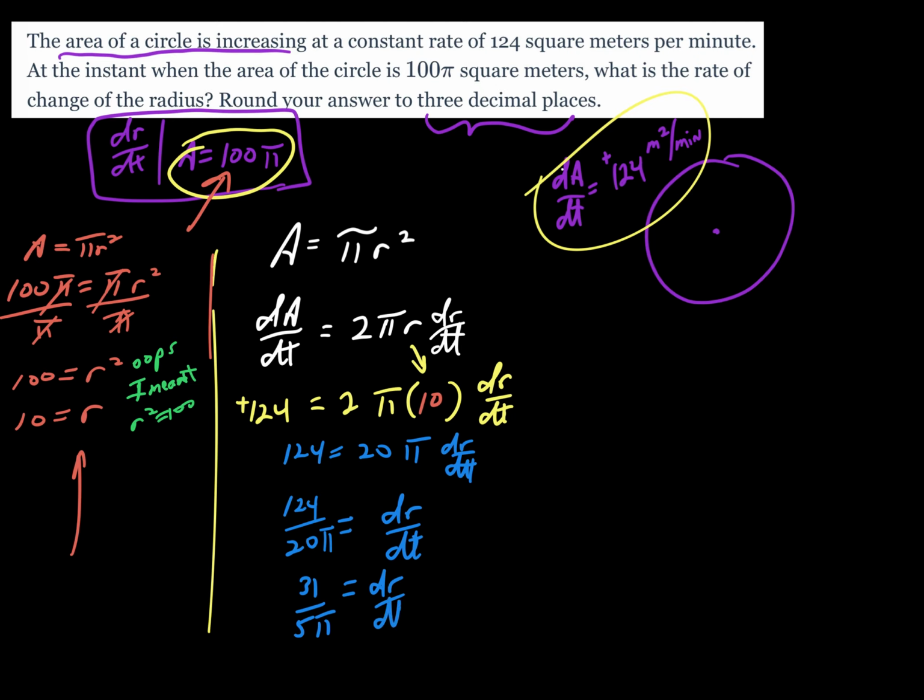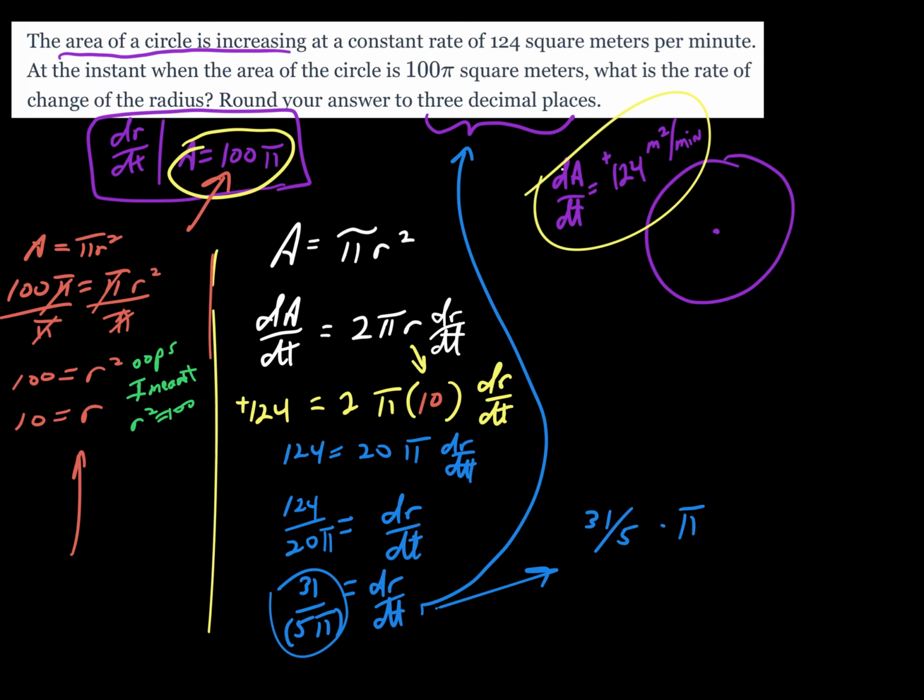The only thing is, this one is specifying to round it to 3 decimals. So if it tells you to do that, then just plug in 31 over 5 pi into your calculator. Don't forget to put 5 pi in parentheses, because if you don't, the calculator is going to do 31 divided by 5 times pi. And that's not what you want. You want the pi right there, so put it in parentheses.